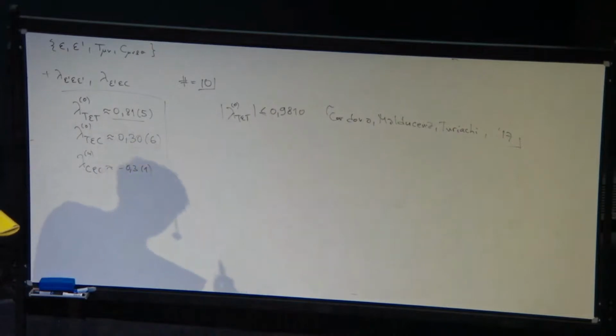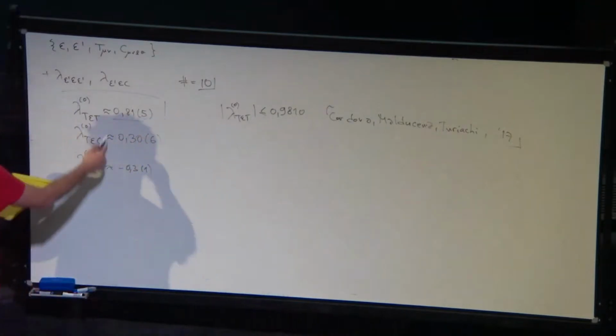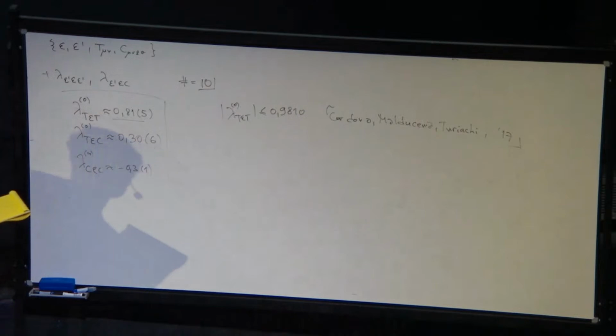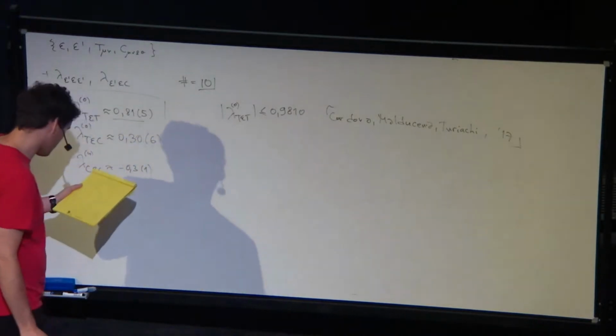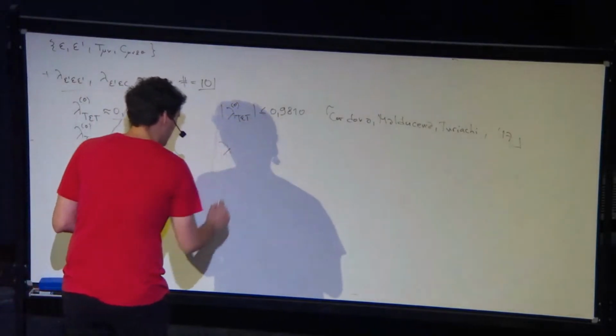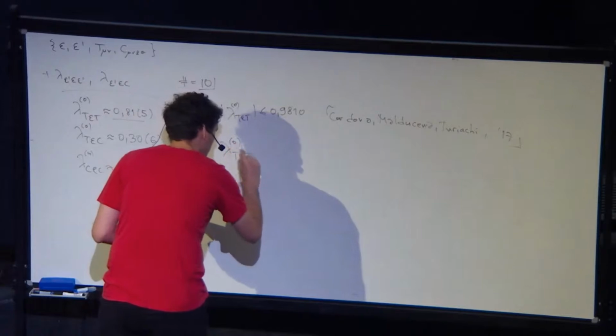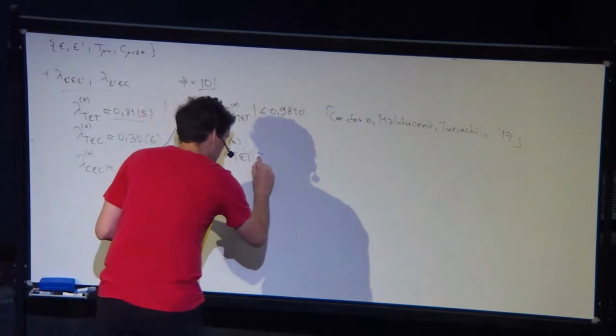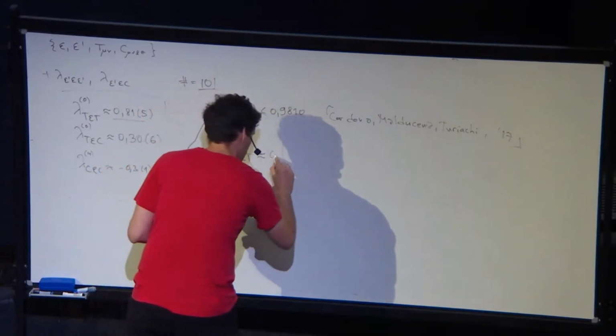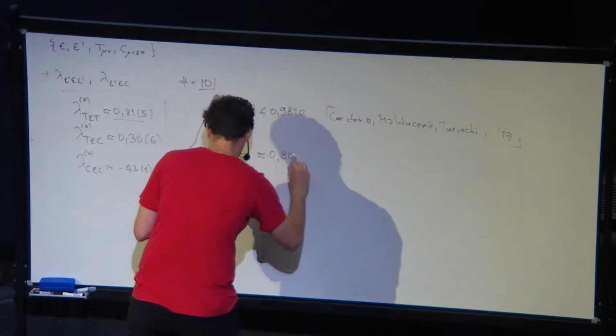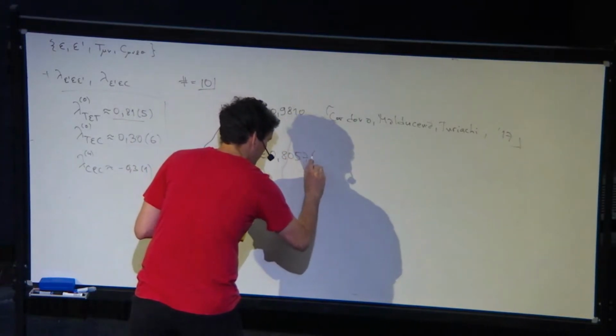And even more interestingly, recently this value has been computed by another group that studied this fuzzy sphere regularization in the 3D critical Ising model. And the value that they got in our normalization is given by the following number. So they got 0.805765.